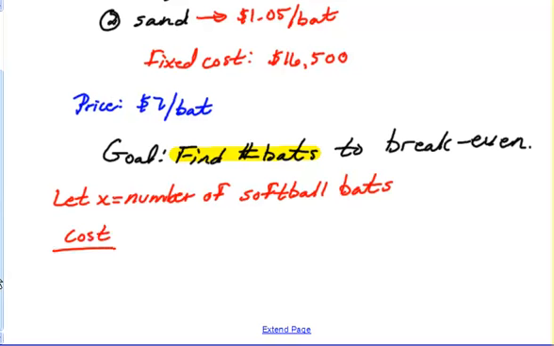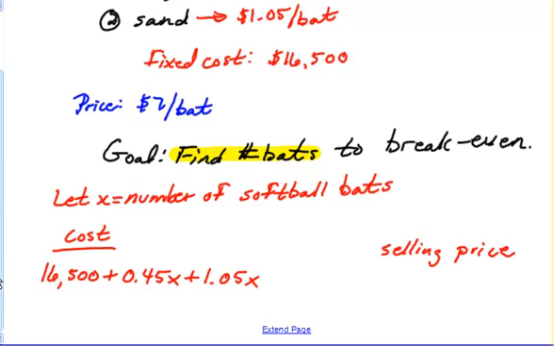So cost. We had a fixed cost of this plus 45 cents per bat plus $1.05 per bat. And we said that selling price is equal to what?